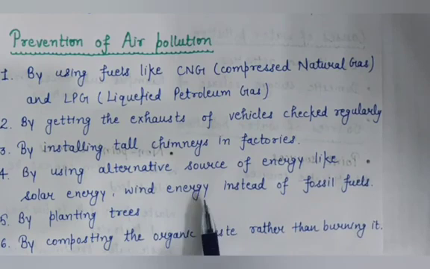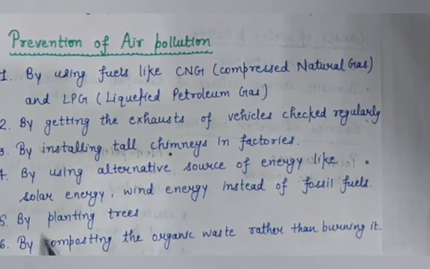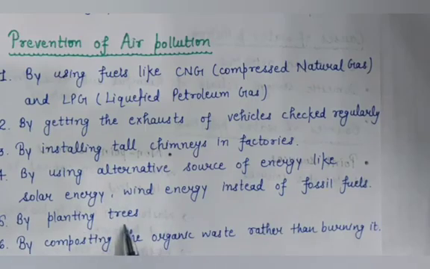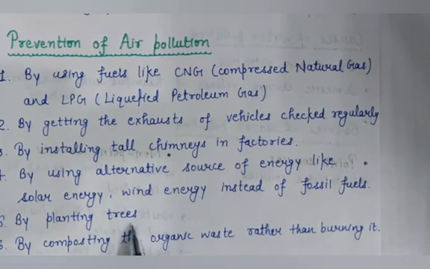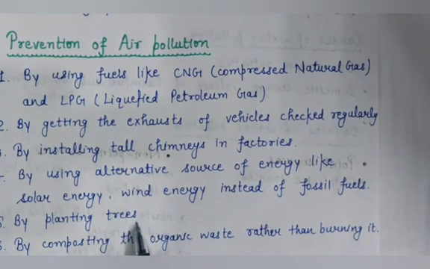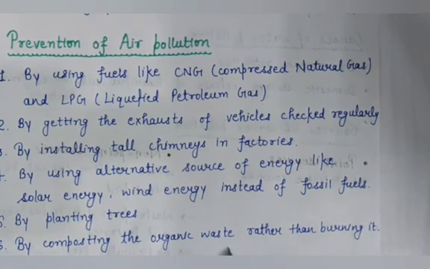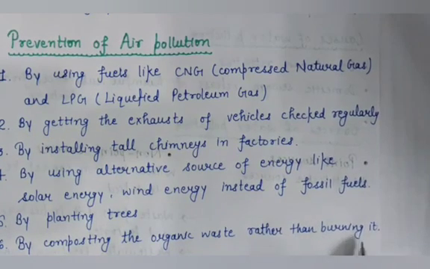That's why instead of using fossil fuels, we should use solar energy and wind energy where it is possible. Now the next point is planting trees. It is the best method to prevent air pollution. By planting trees, plants help to make the air clean. Now the next point is composting the organic waste rather than burning it.